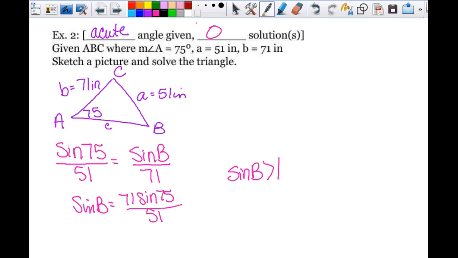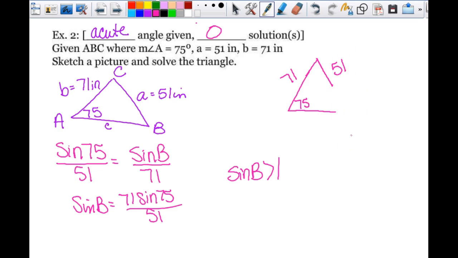Remember how I said if you kind of draw it to scale, it might help you make sense of this stuff. So I really didn't even try here because I just wanted you to think about this. So 75, close enough, right? But this right here is 71. I know that. This is less than 71.